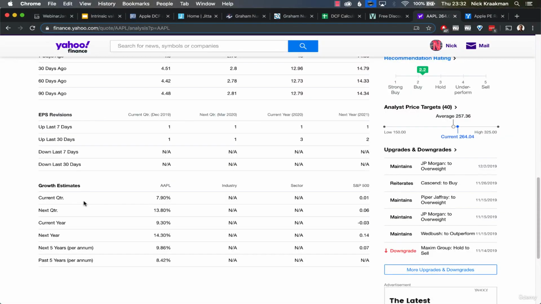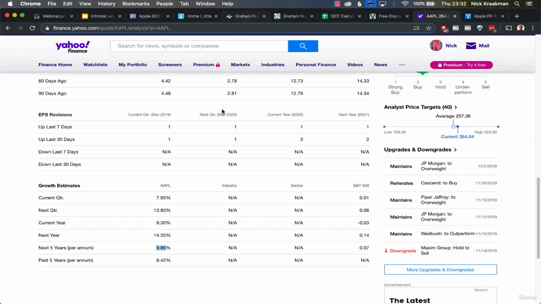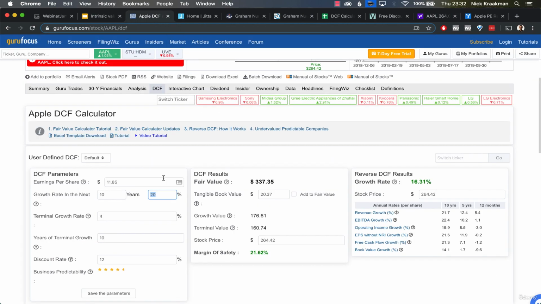If we look at the growth estimates, we see that for the next 5 years they expect Apple to grow at 9.86% per year. So let's make that 9.5. Actually, let's make it 9, just to be on the safe side, be a bit conservative.